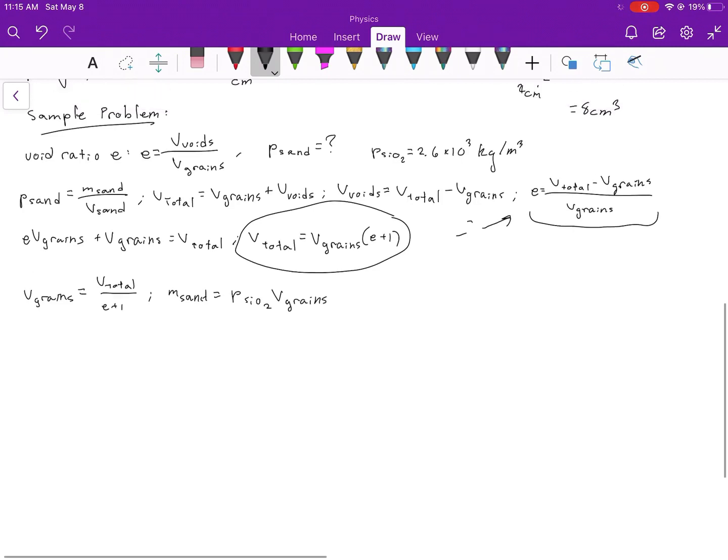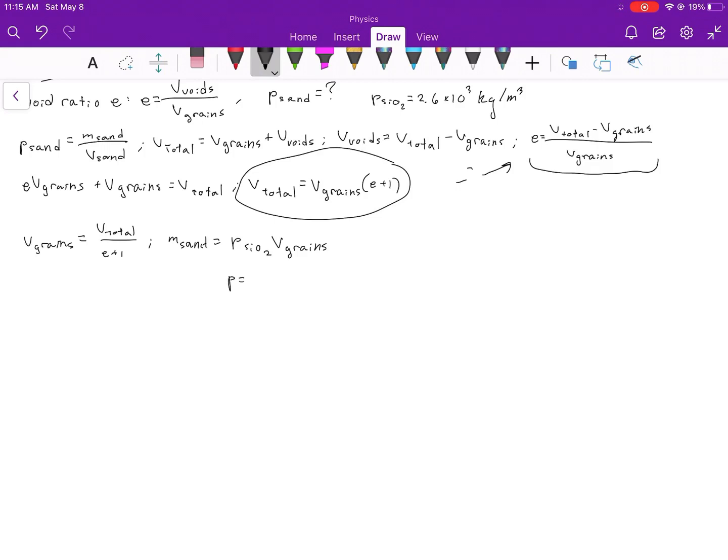And why does it equal this? ρ SiO2 is the density, so ρ equals mass over volume. And since the mass is only in the grains of sand, the voids aren't going to have any mass, so this would just be V grains, right? If you multiply this here, you get mass equals that.